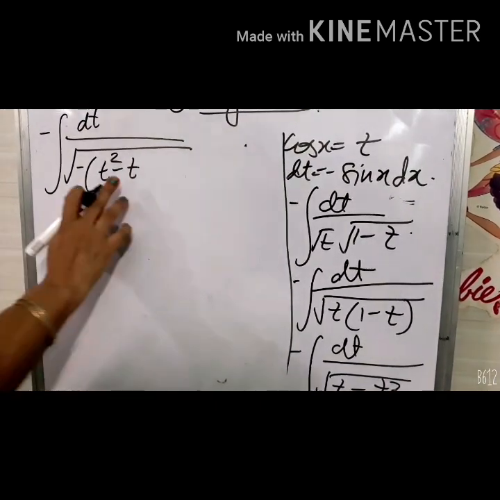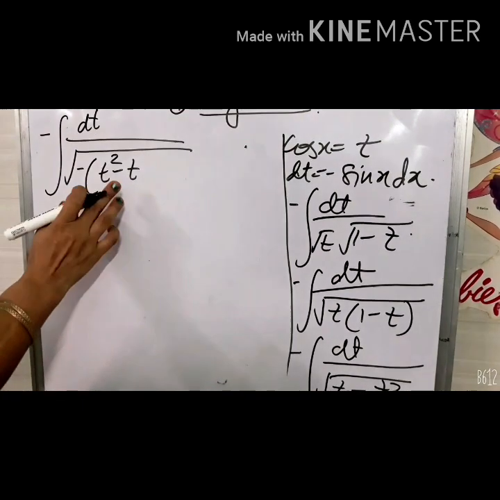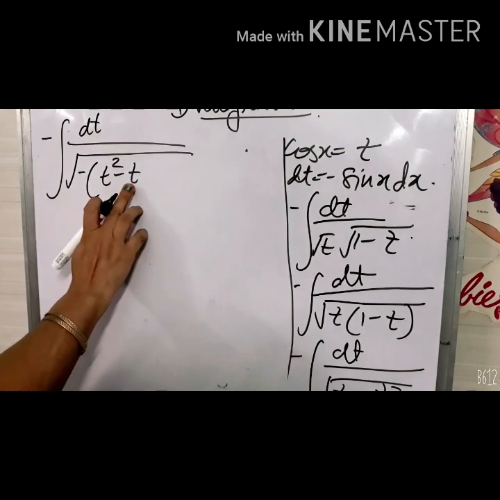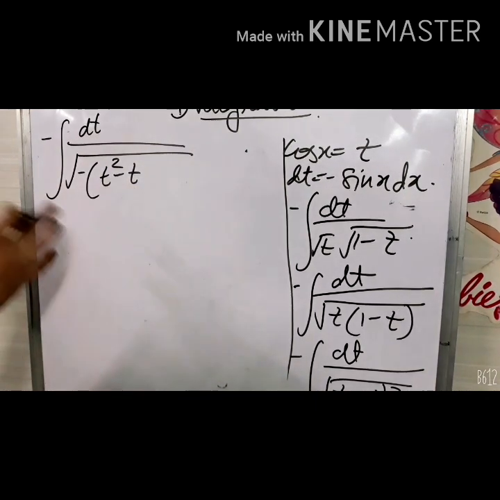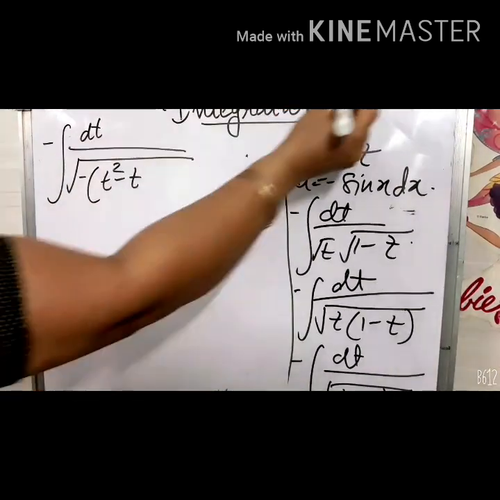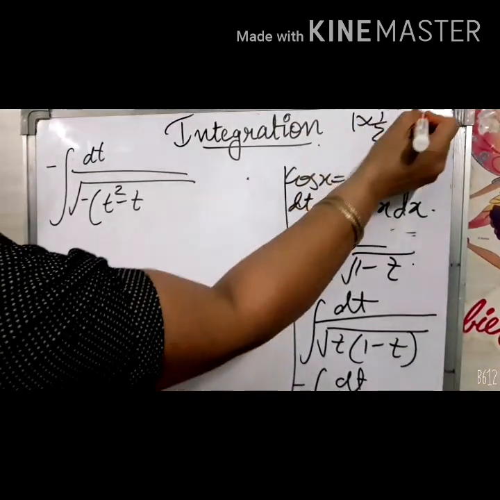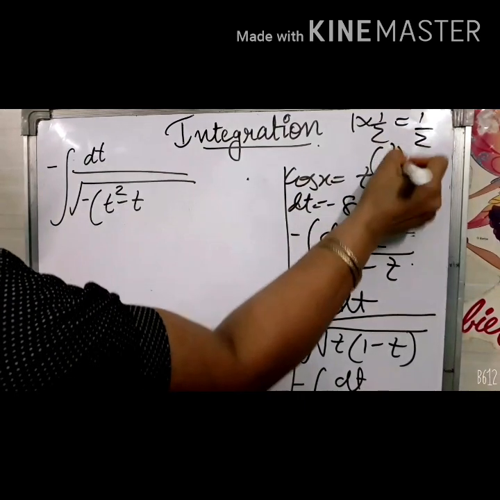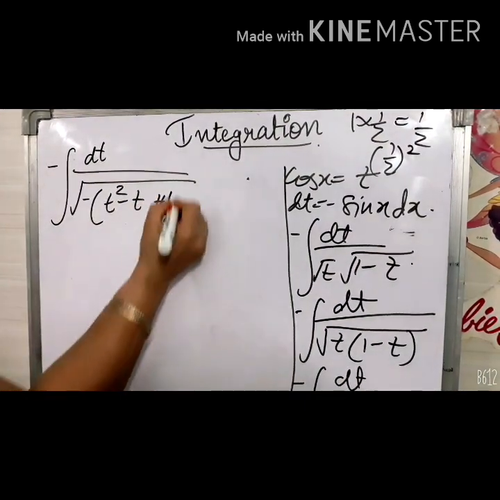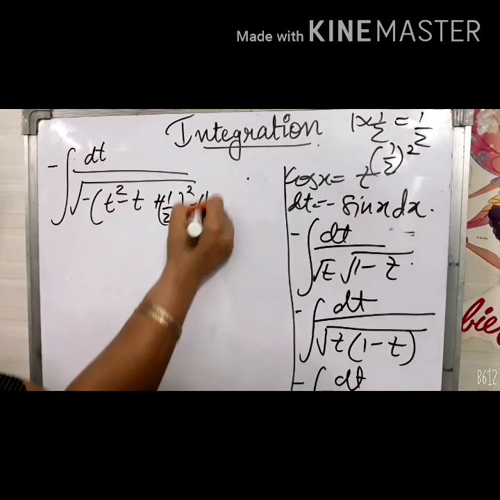We will use the completing the square method, which I also taught in the last video. You need to take the coefficient of x, t, or y, whatever is in the equation. What is that? 1, half of it is 1 by 2. Please square that term and add and subtract. Now remember, plus (1 by 2) whole square minus (1 by 2) whole square.